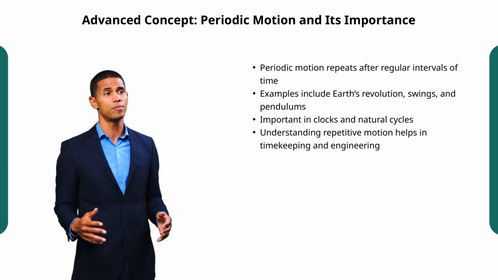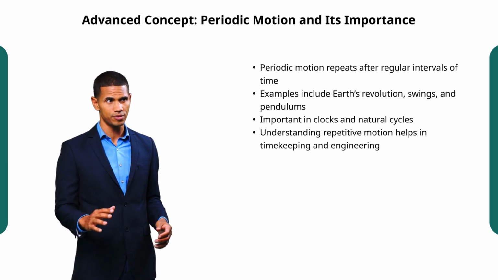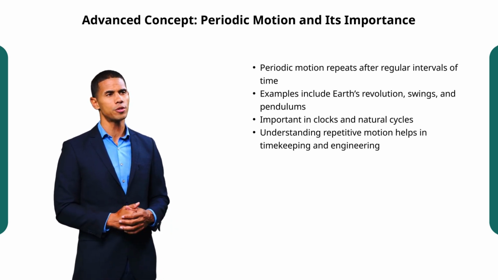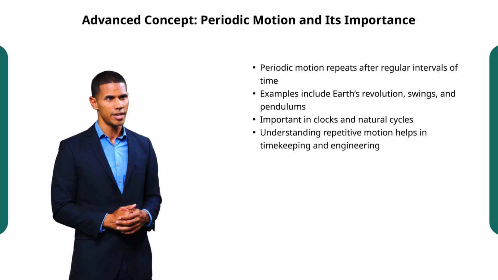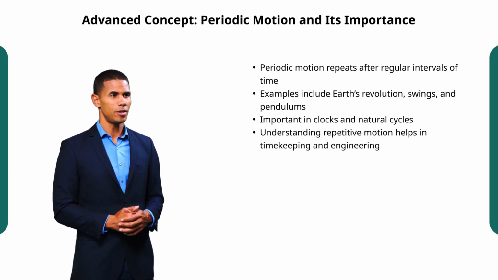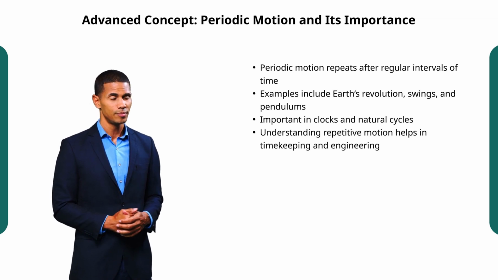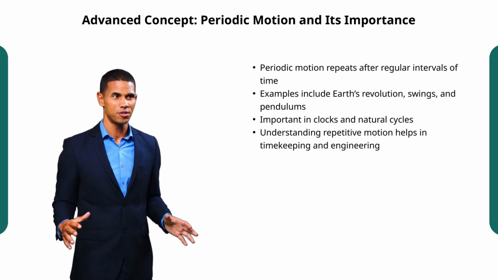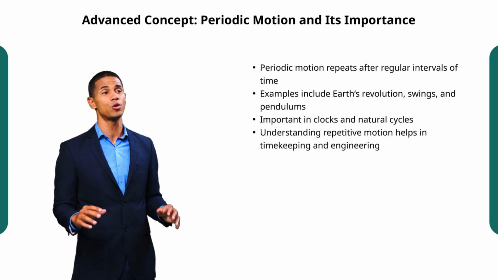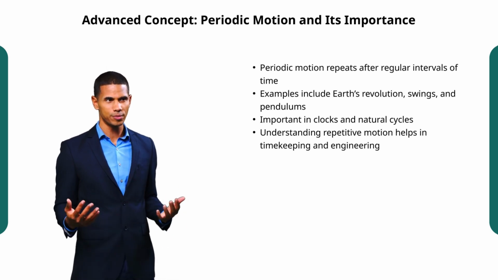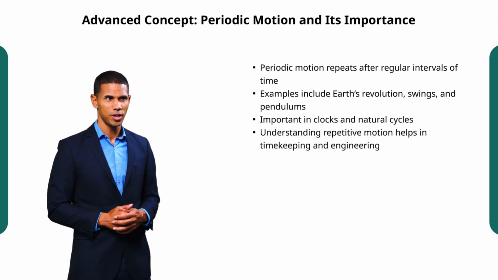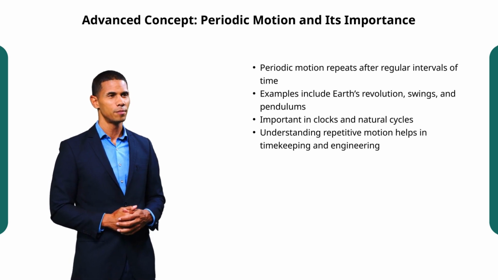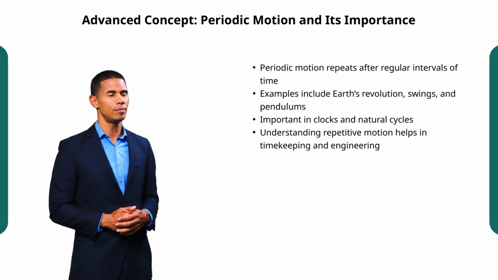It repeats every year, creating seasons. Periodic motion not only helps us understand nature's rhythms, but also powers technology like clocks and watches. These repetitive movements are predictable, which is why they are crucial for measuring time accurately. Without periodic motion, timekeeping would be impossible.